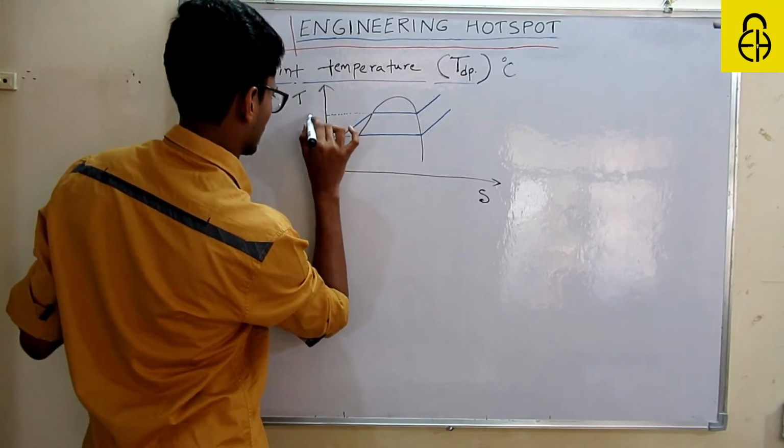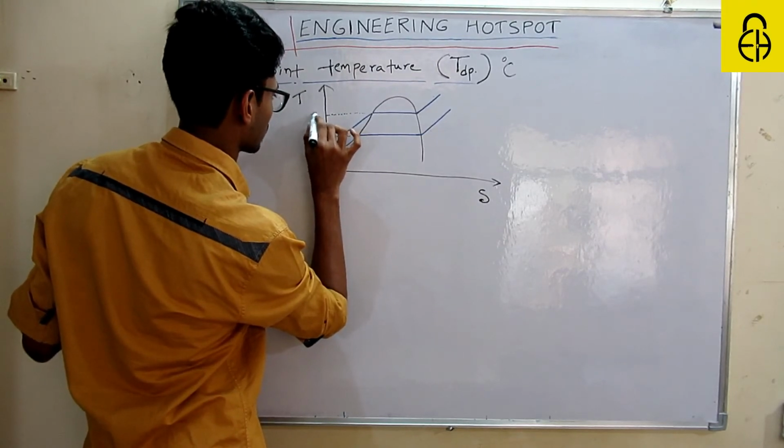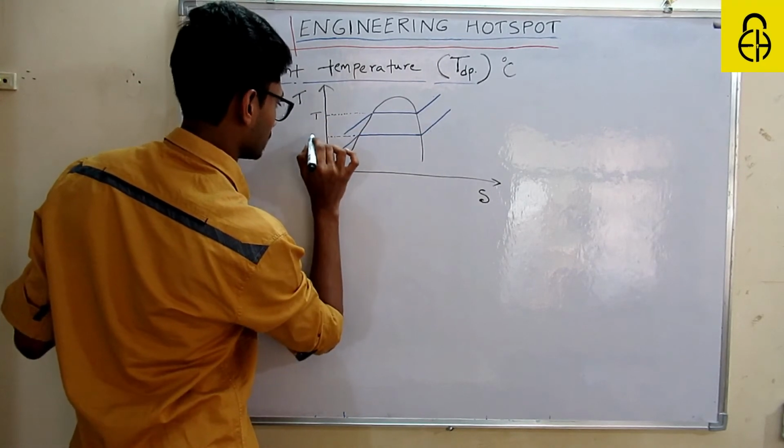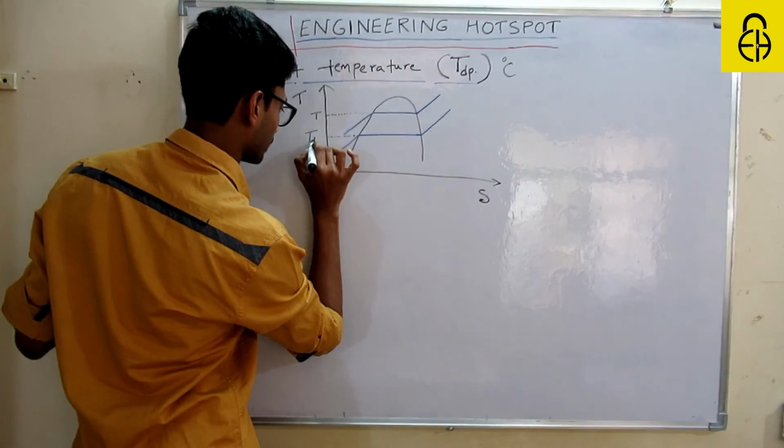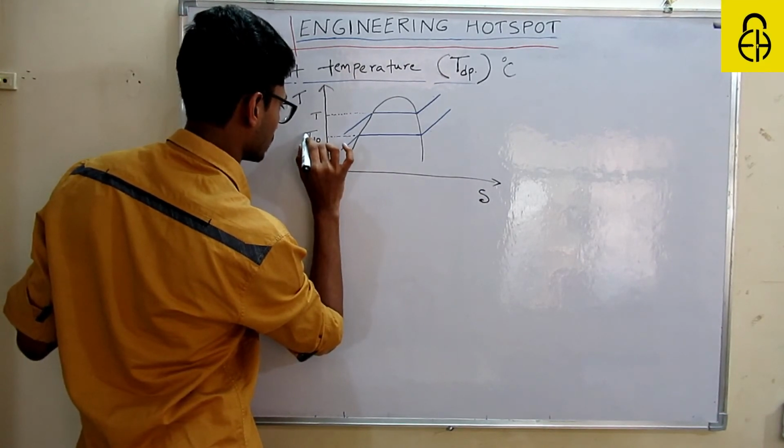Suppose I am writing this temperature as T, and this temperature as TdP. Why I have written it, I will explain now.